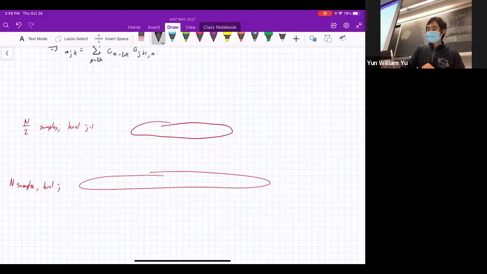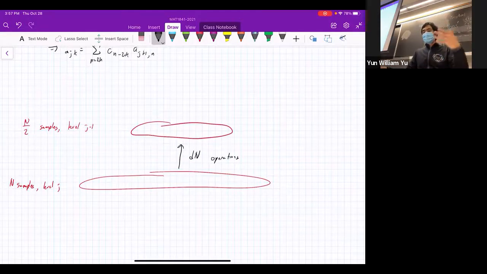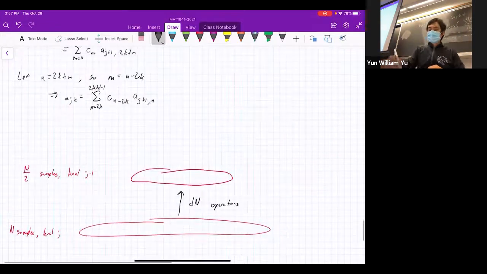But how many operations does it take to go from here to here? Well, this takes dn operations, because for each of the coordinates in the higher level, you need to do d different summations in order to compute it, right?